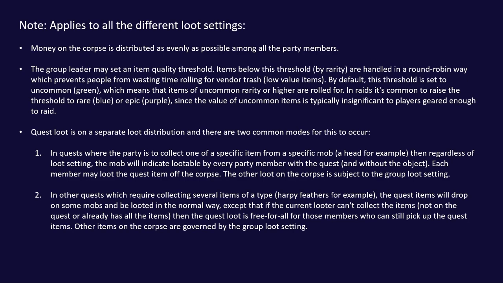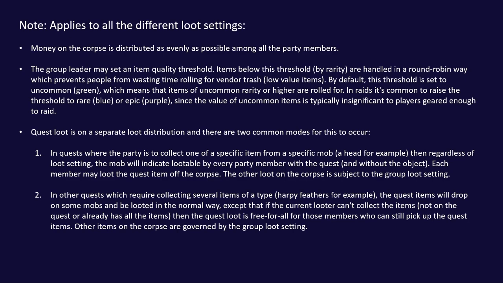The second one for quest loot is when you're collecting certain items which are quest items. These quest items will drop on some mobs and they'll be looted in the normal way. But the exception is that if the current looter can't collect the items, either because they don't have the quest or they already have looted all the items required to complete that quest, then the quest loot becomes free for all.